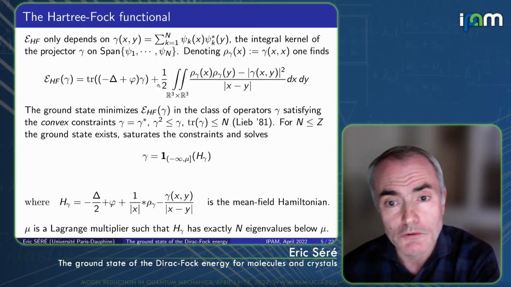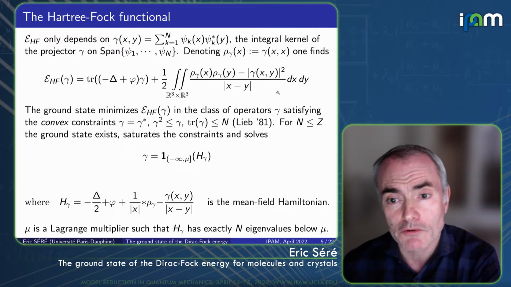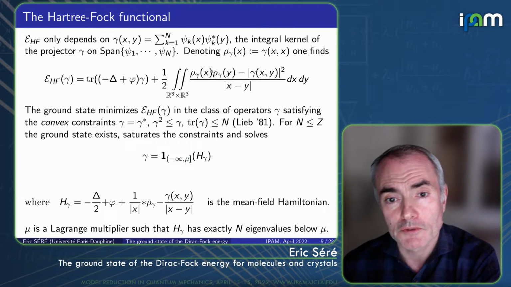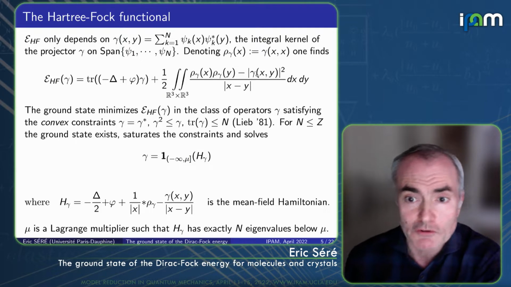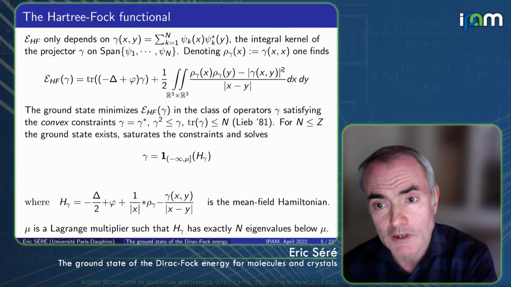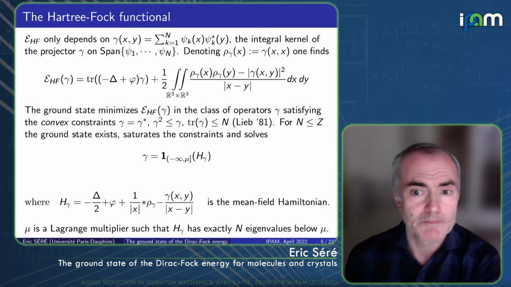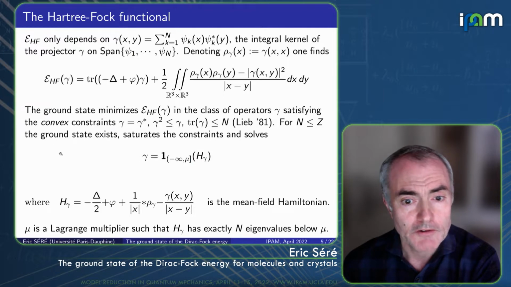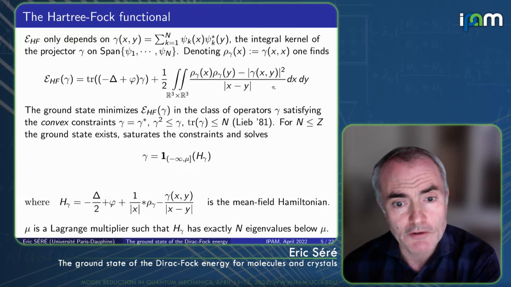Then you have a quadratic term, which represents the electrostatic interaction energy of the electronic cloud. You have a first term, which is the repulsion energy, rho of x times rho of y, and then you have the exchange term, minus gamma squared, which takes into account the antisymmetry of the wave function. So now the Hartree-Fock ground state is just a minimizer of this energy.